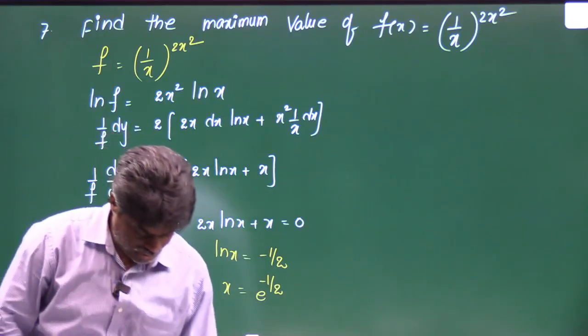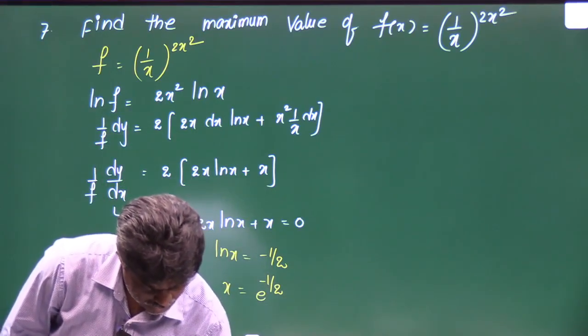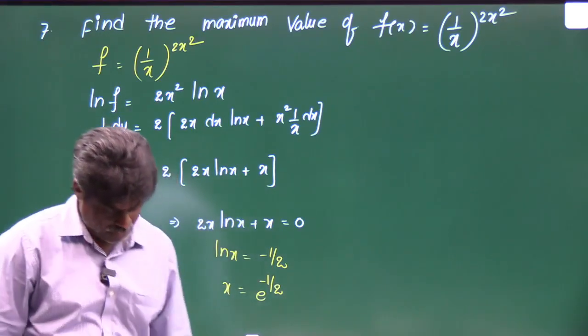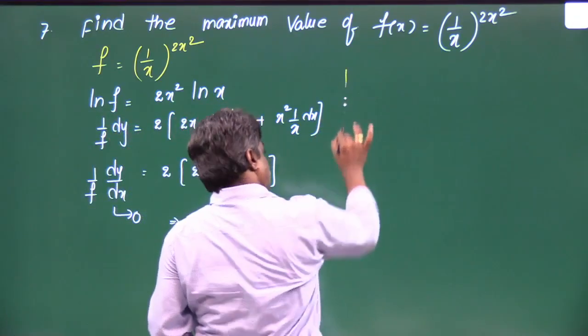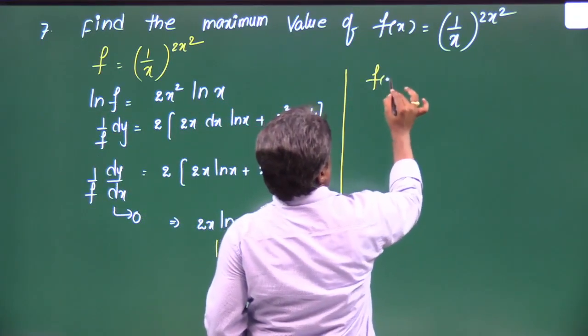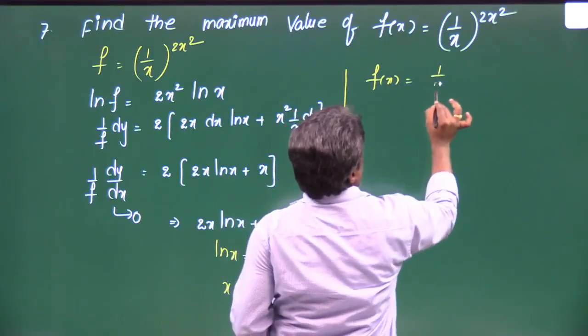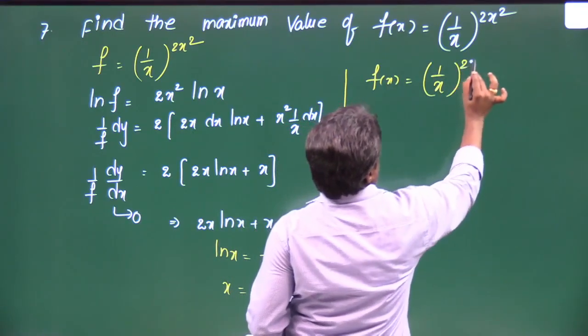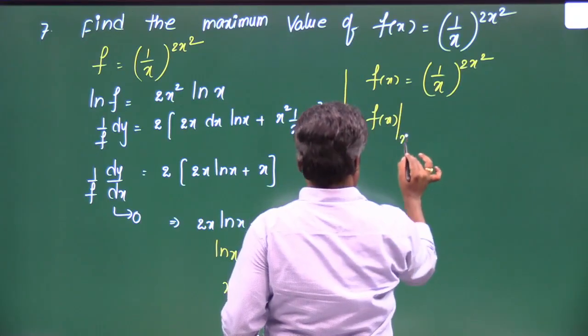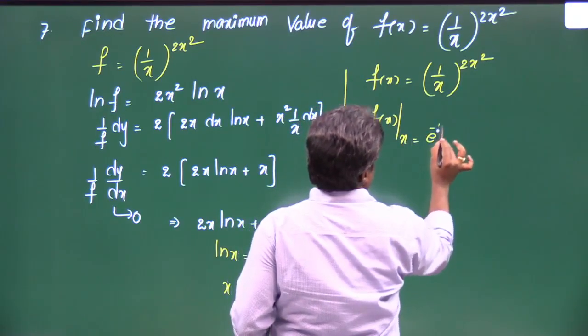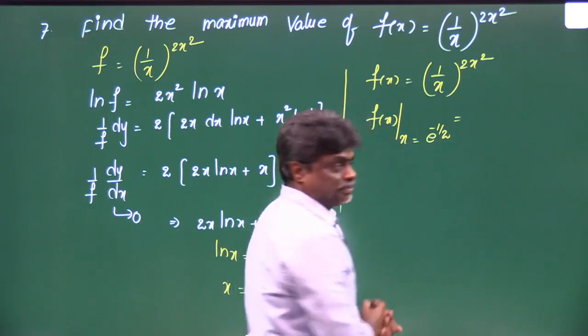Please try to do it yourself. Oh, he's asking the value. Now take the function f of x, again 1 by x raised to 2x square, and f of x at x equal to e raised to minus 1 by 2.